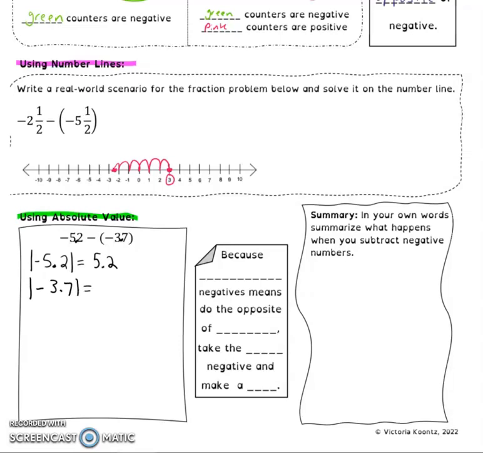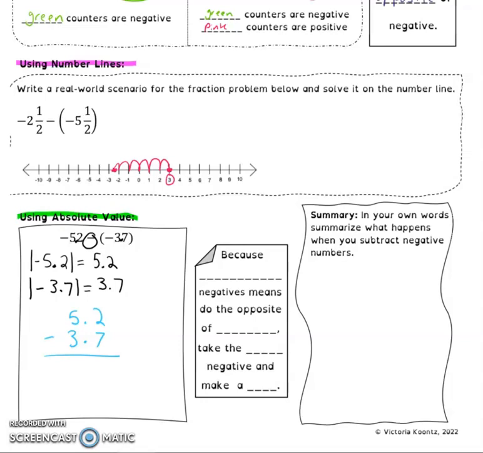And that is going to equal 3.7. But there's that subtraction sign in the middle, so we're just going to subtract these. So we're going to say 5.2. Remember, we need to line up those decimals. Minus 3.7.